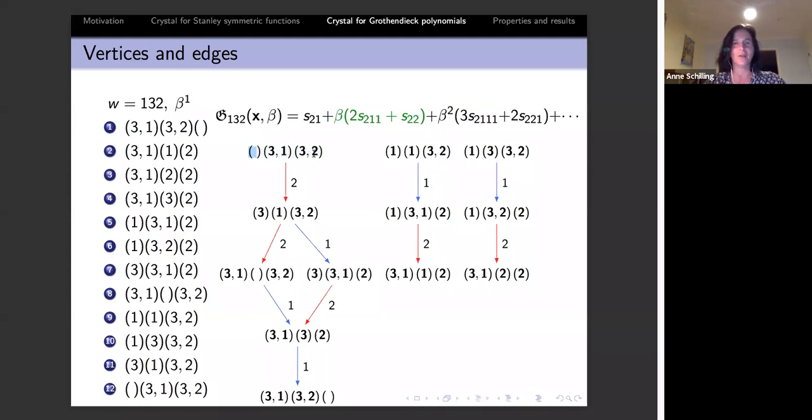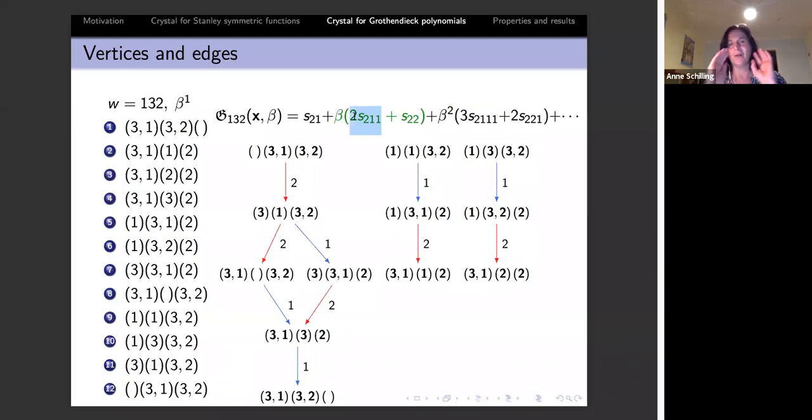So this has 2 things in it, 2 things. So this gives us the Schur function S22. And similarly, this one has 2 things in a factor, 1 thing in a factor, 1 thing in a factor. So that gives us the Schur function S211, but we have it twice, so that gives us this coefficient 2 that I have here.